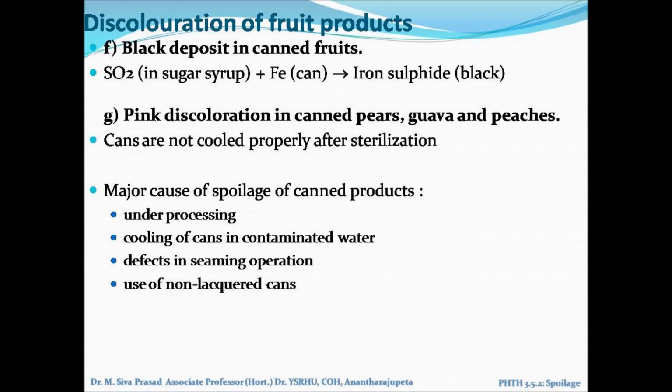There are various reasons attributed to spoilage of the cans, but the major ones are under processing, contaminated cooling water, defective seaming operation, and use of non-lacquered cans. And that's about the causes for the spoilage of canned products.